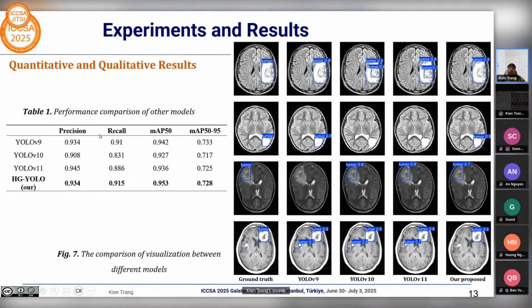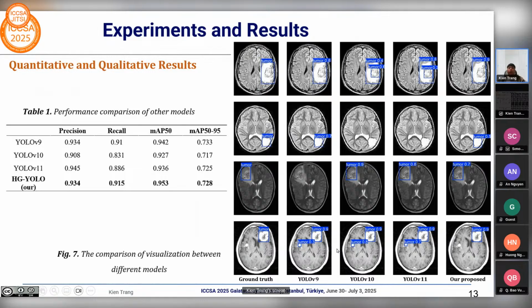For the visualization comparisons, for the first instance, YOLO version 10 and version 11 have duplicated error detection, but only version 9 and our proposed model detect the mass correctly. For the second instance, YOLO version 10 and version 11 fail to detect the mass object, while the other models can identify it correctly.